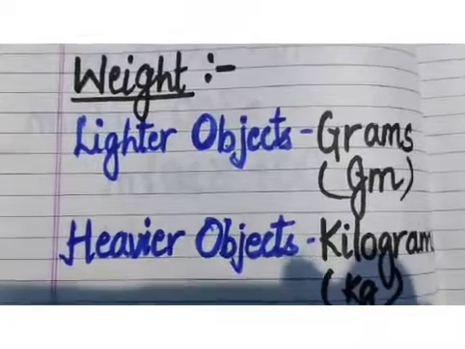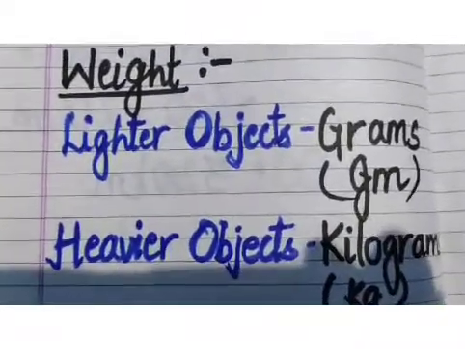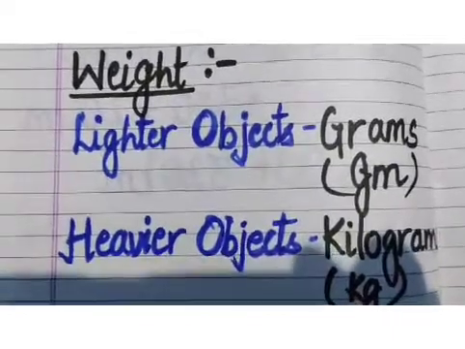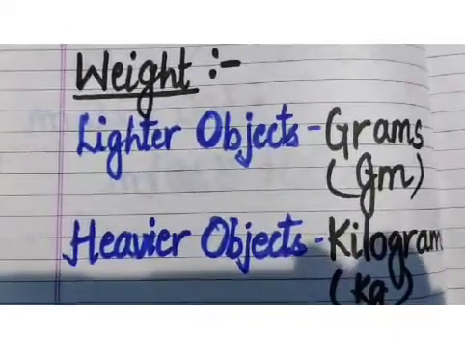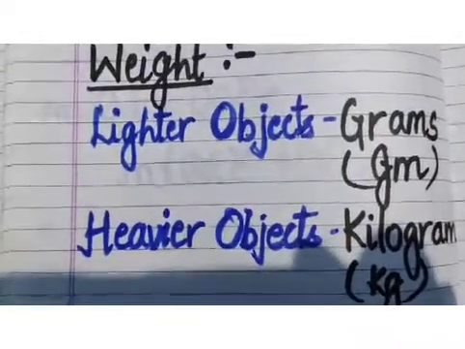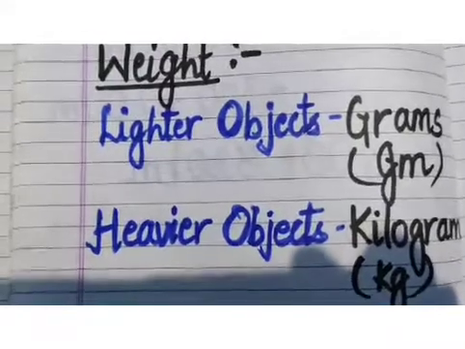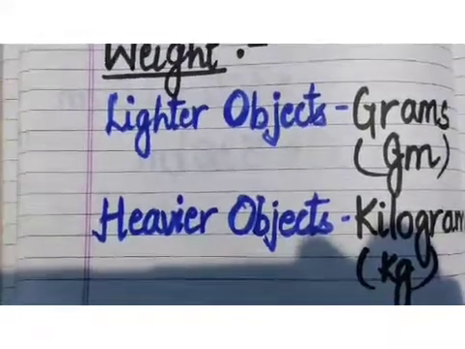Now we will talk about weight. If we have to find out the weight of any object or we have to weigh that, we use the following units. Lighter objects are measured in grams, that is gm or g.